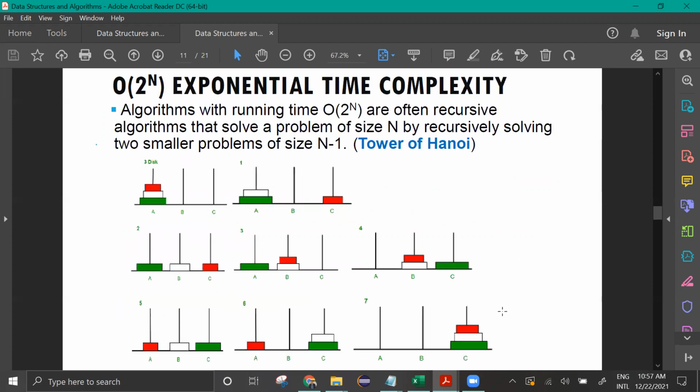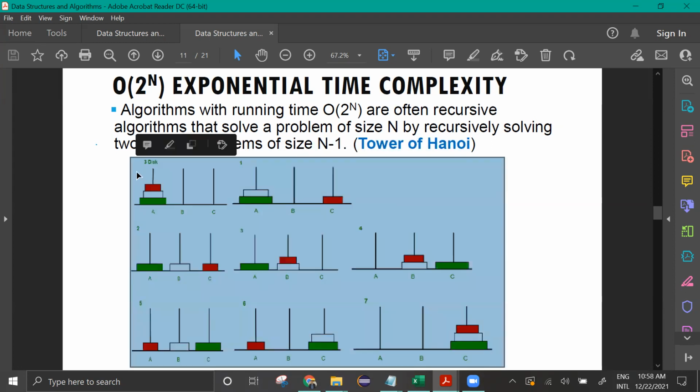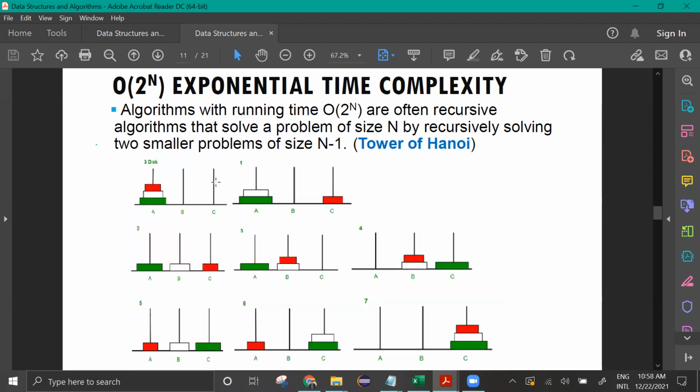Then exponential time complexity. One example is the Tower of Hanoi. In this problem, there are 3 bars, A, B, C, and we have 3 disks.